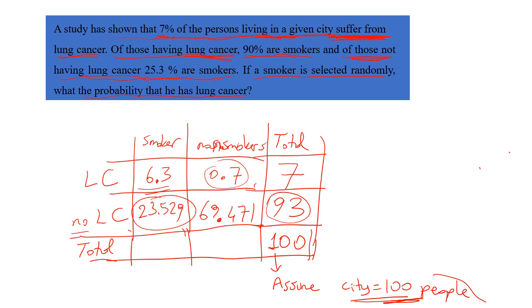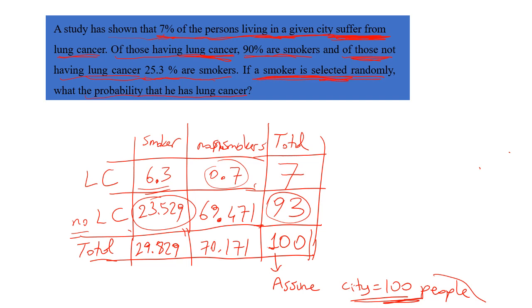Now we know the total number of smokers will be 6.3 plus 23.529, which is equal to 29.829. When you subtract this from 100, it will be 70.171. Now we have the table and we can answer the question.